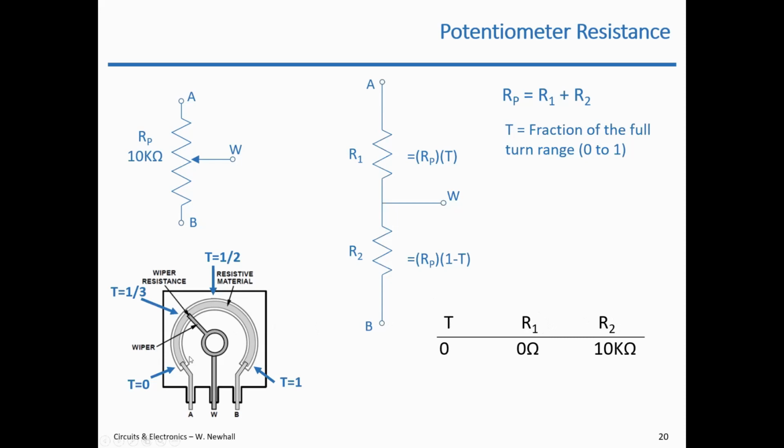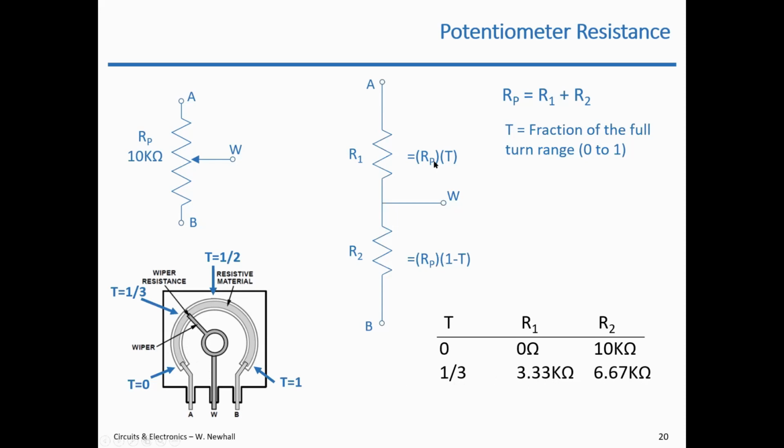So if T is 0, in other words, this wiper is directly connected right to that terminal A, that wire right there, I'm going to have 0 ohms between A and W, which means R1 is 0. And between B and W is all of the resistive material. If I turn the potentiometer a bit, let's say 1/3 of its way, I will have 1/3 of the resistive material, or 3.33 k ohms.